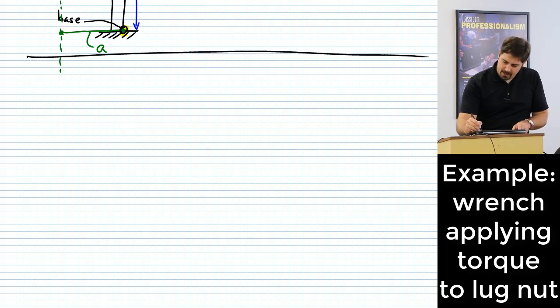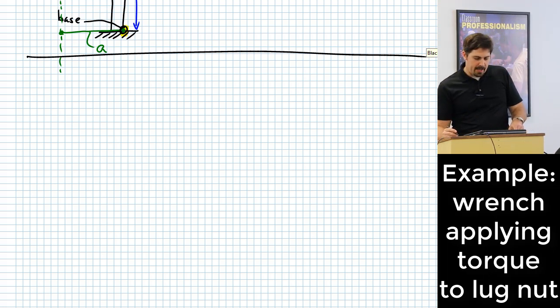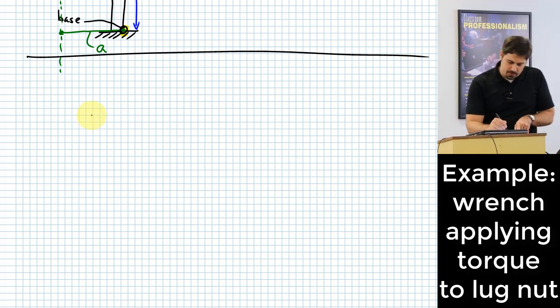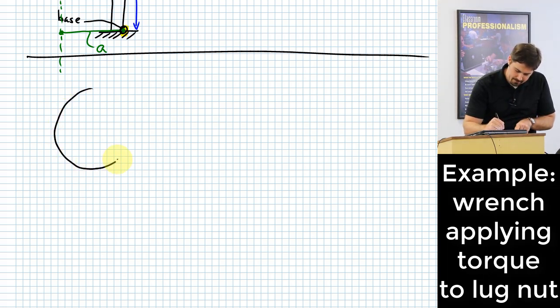Okay, let's say that you have a wrench that you're applying to a nut on a tire. So here's a tire. Here's a lug nut. I'll show a few of them on there to make it look more like a tire.